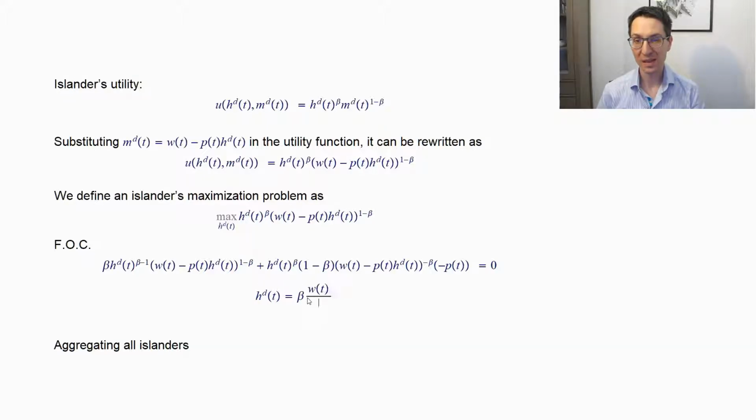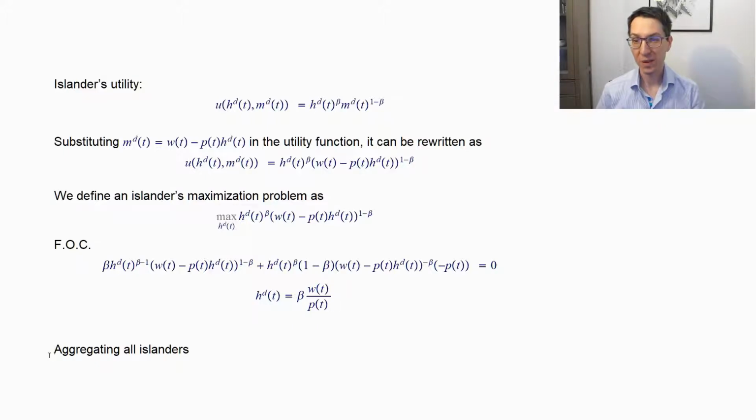So this means that islanders buy more food if they prefer food more, if they have a higher purchasing power, W_t, and if the price of food relative to the other good is lower. So that makes sense.